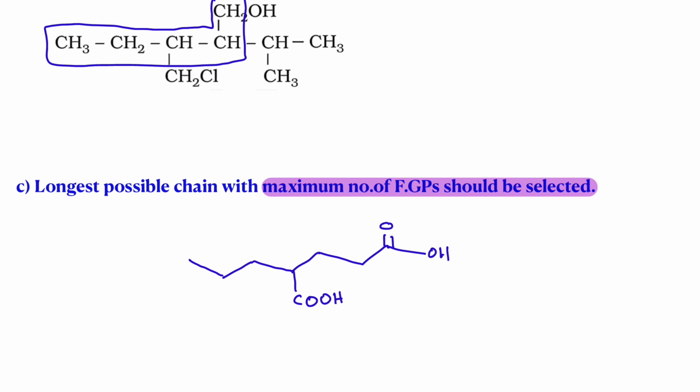If you take the chain like this, 1, 2, 3, 4, 5, 6, 7 carbons you are getting, but this is not coming into the longest chain. So 1, 2, 3, 4, 5. So we have to select the longest chain in such a way that the maximum number of functional group carbons should be in the longest chain. So this is the correct selection.